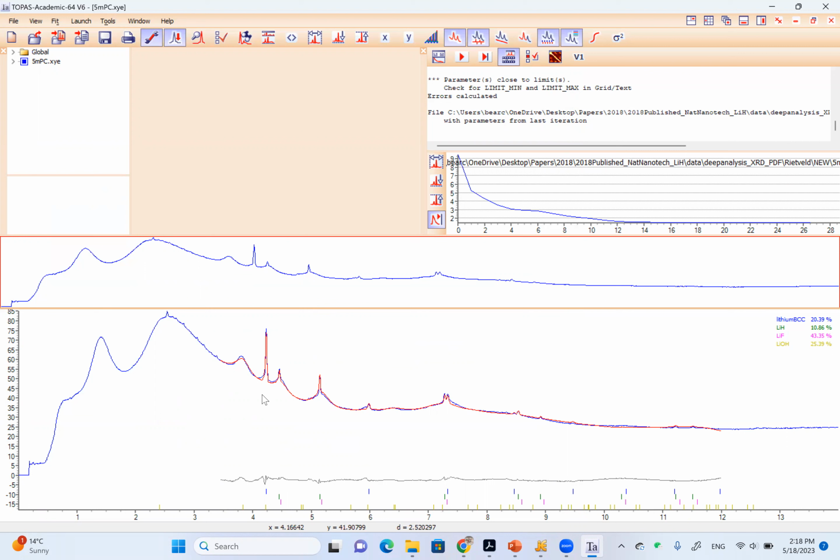If we're talking about the peak intensity, after subtracting the background, the strongest peak has a peak intensity of about 30, I guess. It's somewhere between 30 and 35, even less than 30, actually. So this is the strongest peak we have.